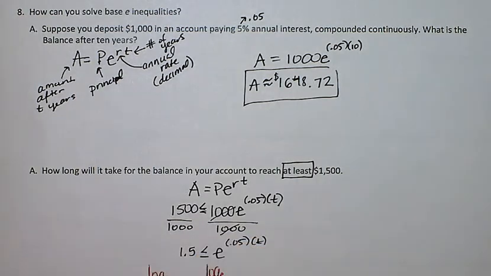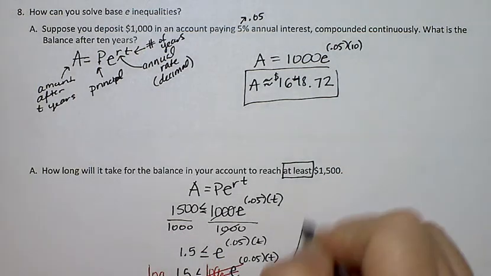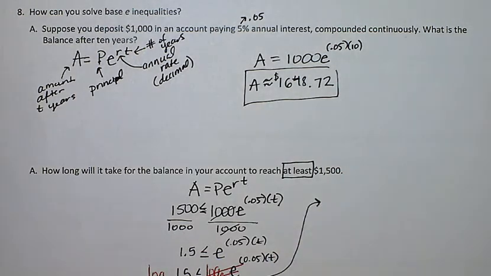I'm going to go back and write down what I already had. Log base e and e are going to cancel. And remember, we really do not want to round until the very end if necessary.